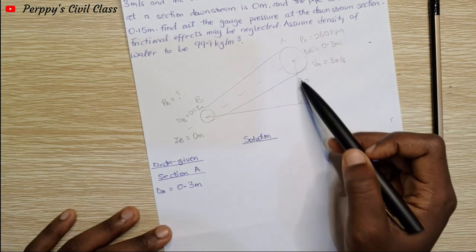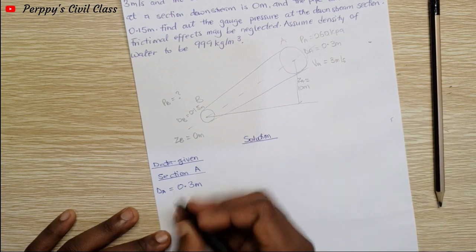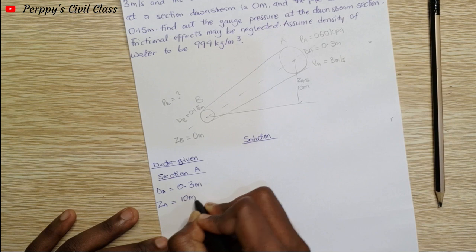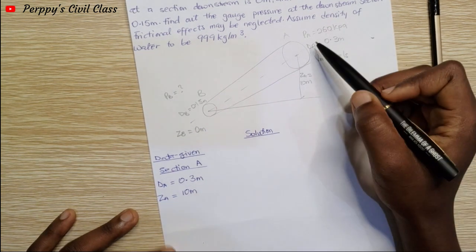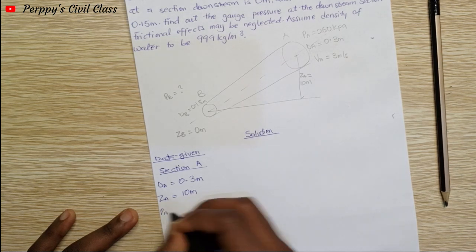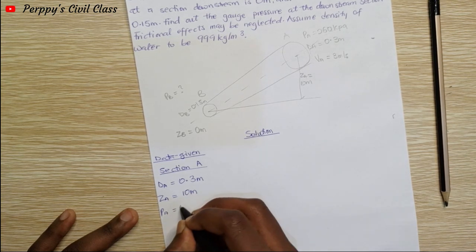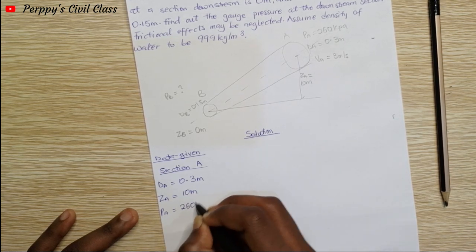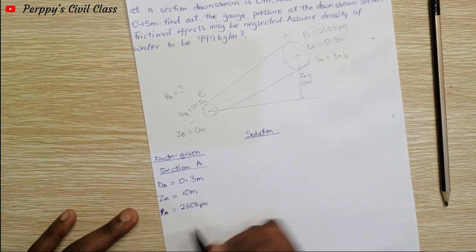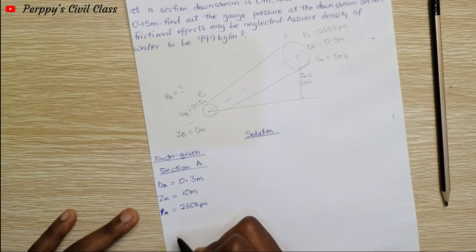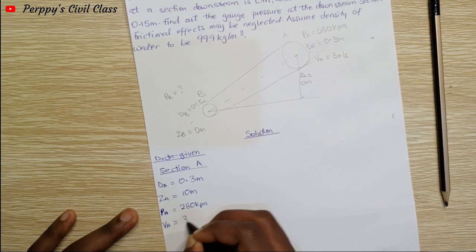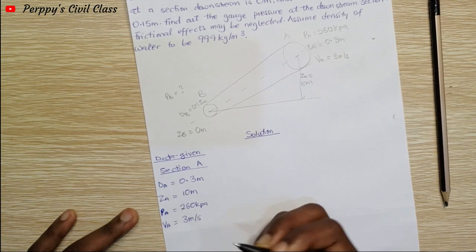What else do we have? The elevation at A, ZA, is equal to 10 meters. The gauge pressure at A, PA, is equal to 260 kilopascal. And the velocity at A, VA, is equal to 3 meters per second.